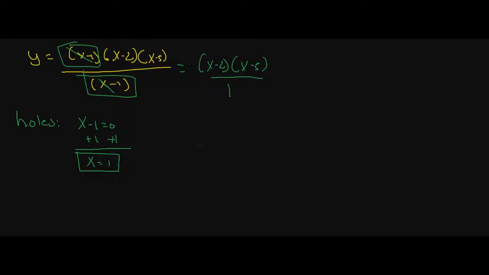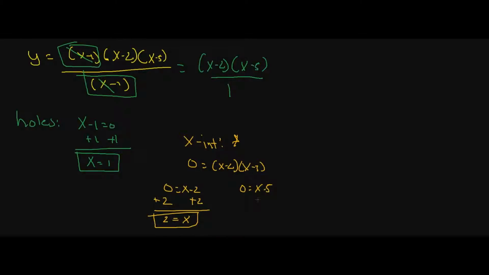So now we want to find our x-intercepts. We get 0 equals x minus 2 and 0 equals x minus 5. We'll split them up. Now we add 2 to both sides, and x equals 2. And we add 5 to both sides, and we get x equals 5.